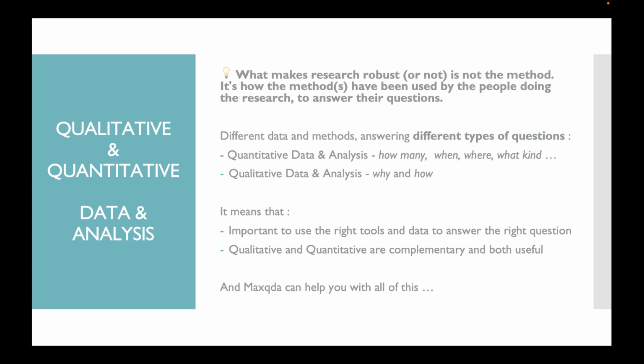There is also audiovisual data, like images, audios, and videos. And we can have also different tools and methods that we usually describe as qualitative, quantitative, and mixed methods, which is mixing both. In MaxQda, when we talk about mixed methods, it's adding variables to qualitative data, like adding the age, location, gender of the people in your interviews.